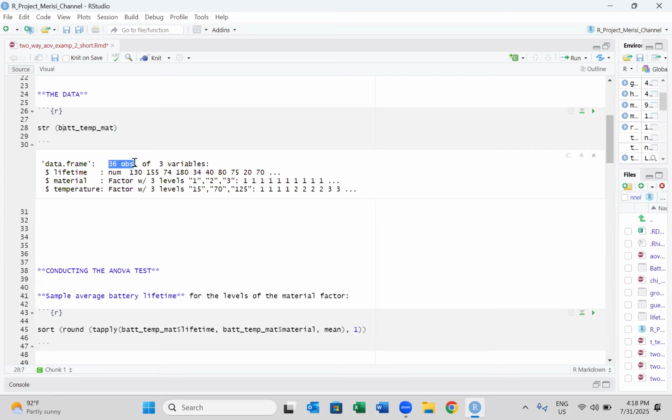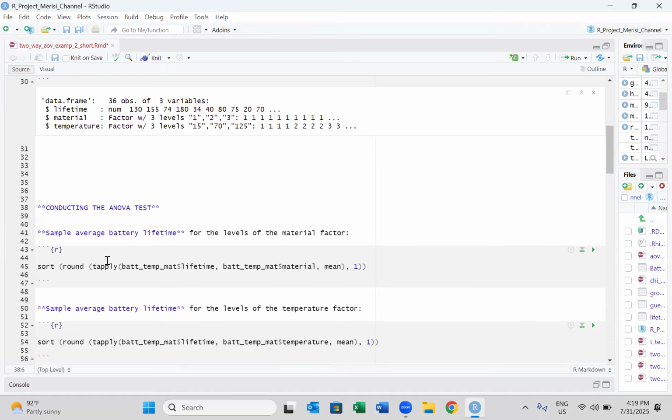All right, perfect. So when we conduct an ANOVA test, we usually start by estimating the average value of the outcome variable for each level of the two factors and also for the combinations of both factors, okay? And that's what I did here. I obtained the sample average battery lifetime for the three materials, okay?